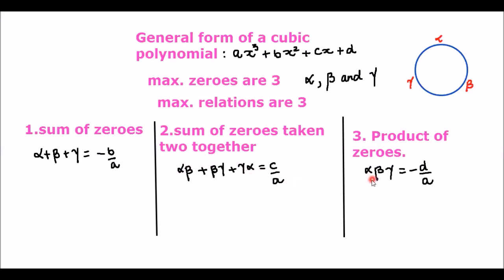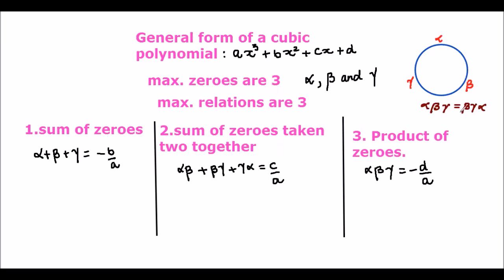And the last relation, if you take 3 together: in the first relation we have taken each zero alone, in the second we have taken 2 together, in the third we will write 3 together. So if we write 3 together, the first will be alpha beta gamma, the second will be beta gamma alpha, and they are just the same, you are just changing the sequence of alpha, beta and gamma.